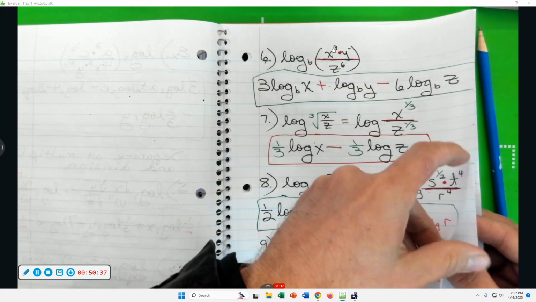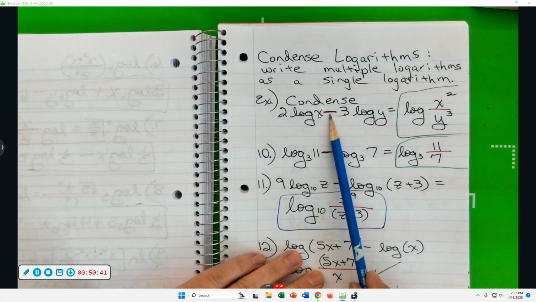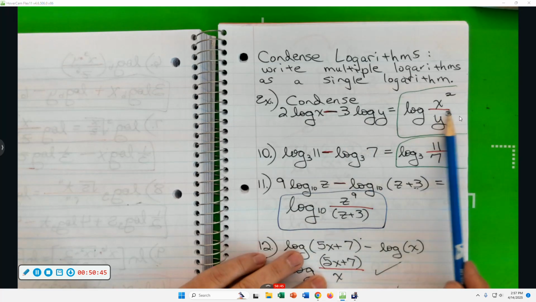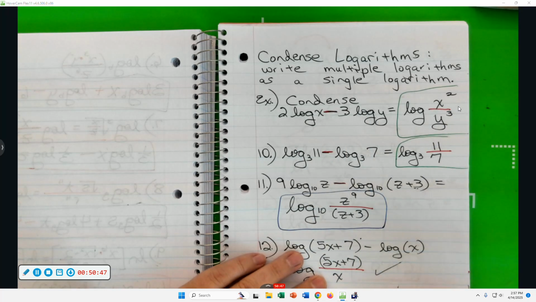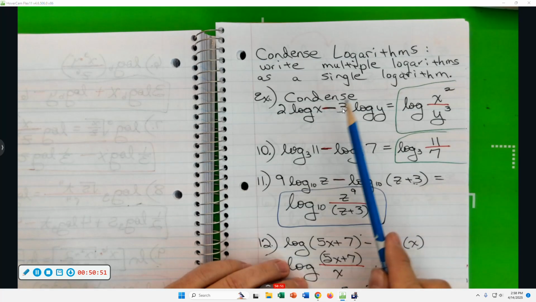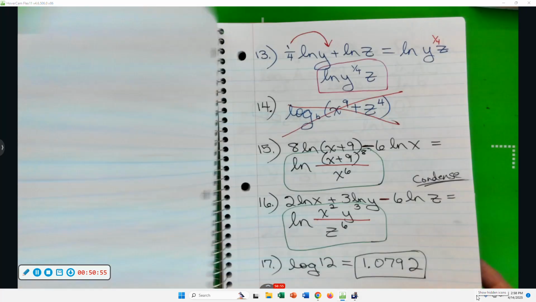Let's see. Here we are condensing. Hey, this first one, y'all remember that? What did we look at? We had a fraction bar when we condensed it. What did we look at to decide if we needed a fraction bar? That minus sign there. So that minus sign says you're dividing.